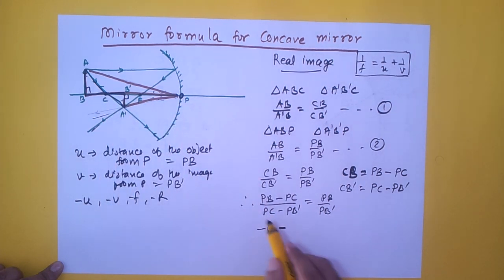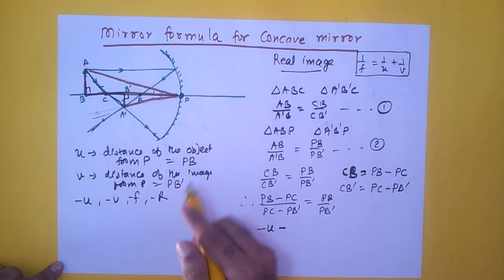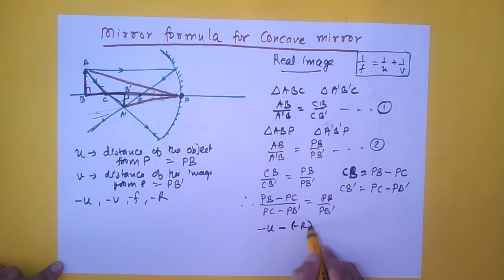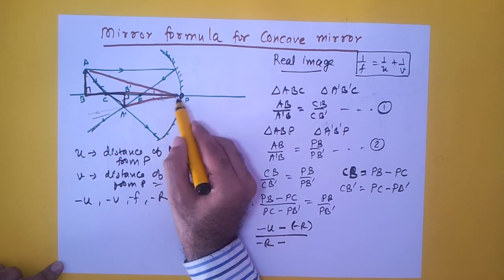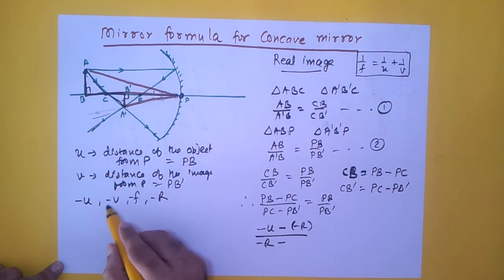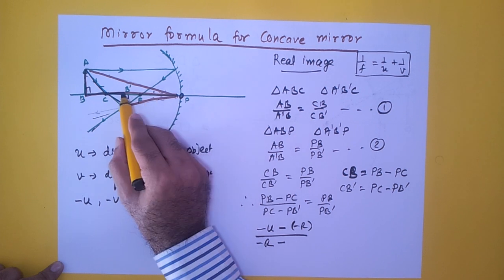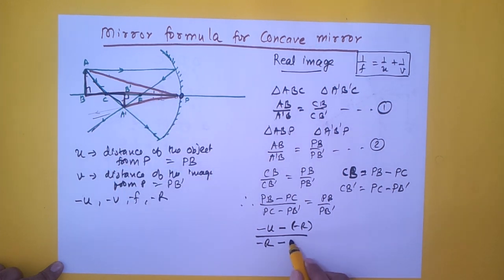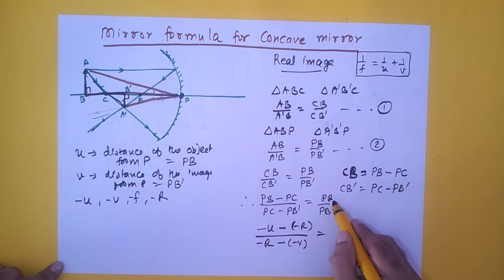PC is the radius of curvature of the mirror, and that is also R, so minus R, upon PC minus R minus, what is PB dash? PB dash is the distance of the image, that is minus V, so minus of minus V is equal to PB. PB is minus U, and PB dash is minus V.